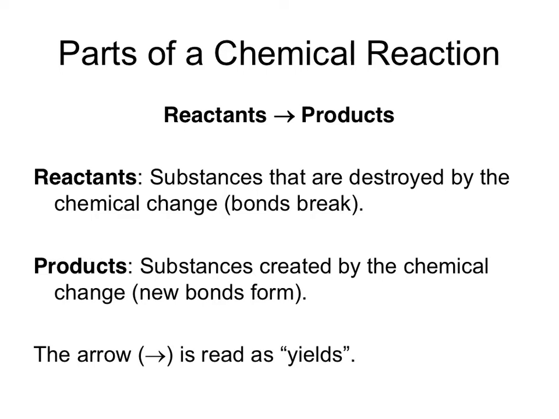So with chemical reactions, it's very important that you get these straight. You start with reactants. Those are the substances that get destroyed or their bonds are broken. All right? And then the atoms within those reactants rearrange themselves to create new bonds to make products.